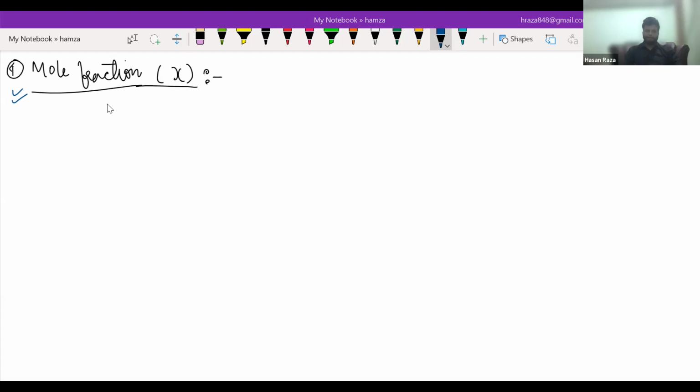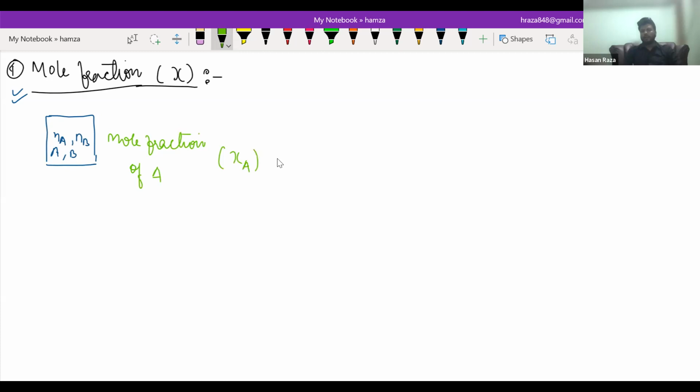Mole fraction. I'm taking an example with a container in which A and B is present. A has a number of moles Na, B has a number of moles Nb. Now see, mole fraction of A. If we are going to calculate mole fraction of A, that will be denoted by chi A, and it will have a formula that is number of moles of A upon total number of moles in the container.